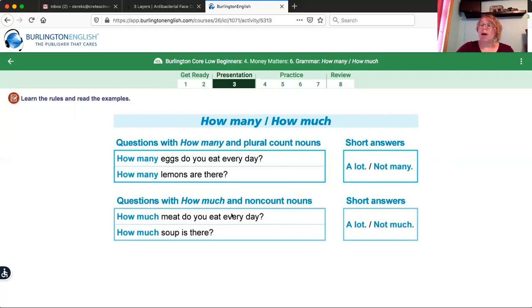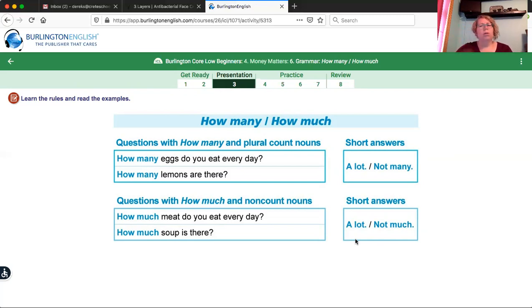When you talk about much, it is the same. You have 2 options. Opción una is específico. How much meat do you eat every day? 1 pound, una libra. Or option dos, option 2, general. Mucho carne, a lot.